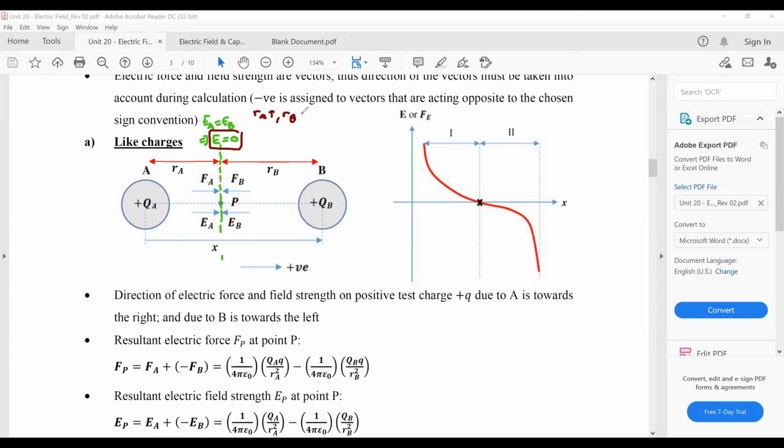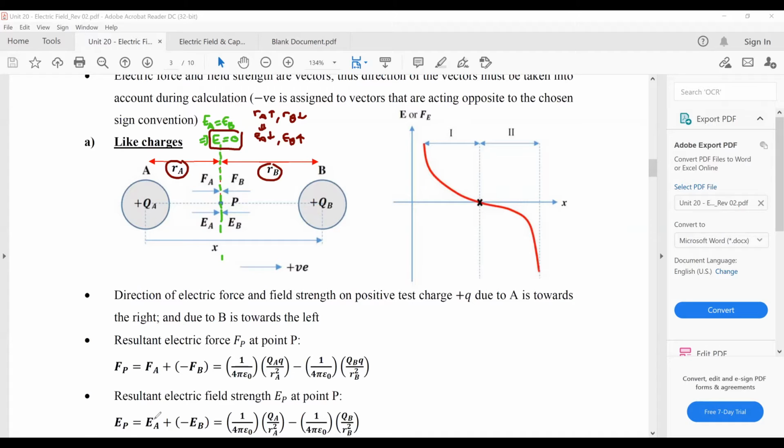My RB is considered to have dropped. Okay, because this is RA and RB, right? RA would have increased, RB would have dropped. What then this would mean is that my EA, which is given by this, would actually now drop, but my EB will actually now increase.